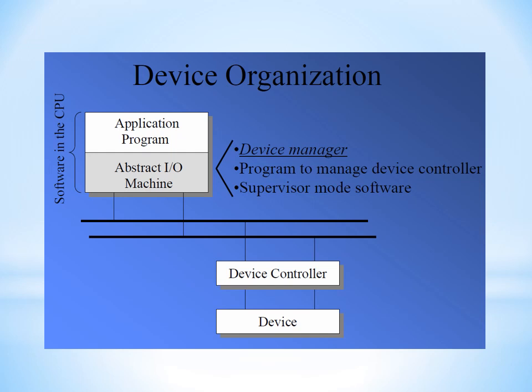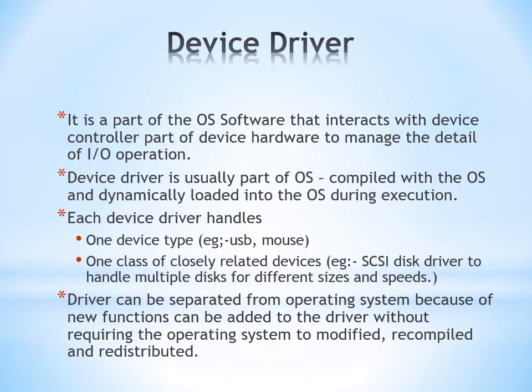The abstraction of the input-output machine will have a device manager interface, which is a program to manage your device controller, as supervisor mode software. From this device manager, your application or system will be connected to your device controller through the system call and connected to your devices.